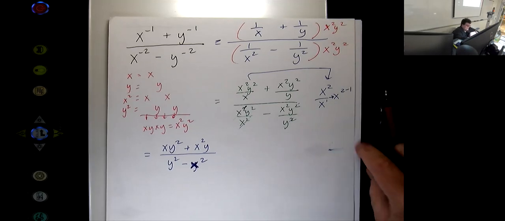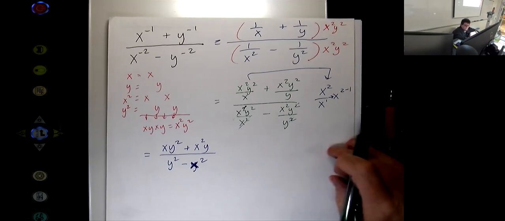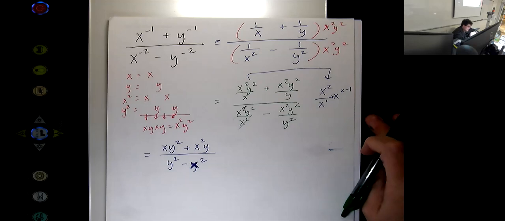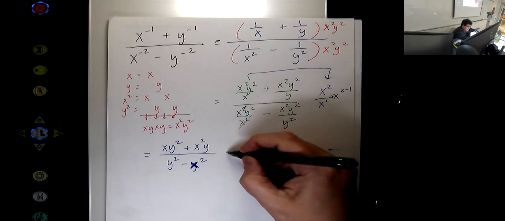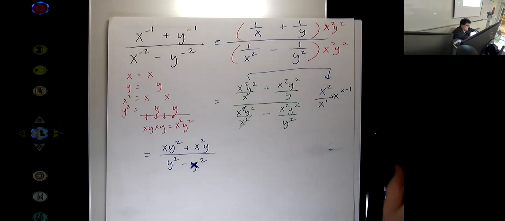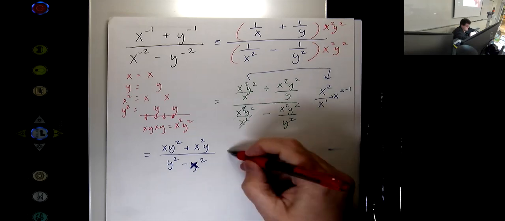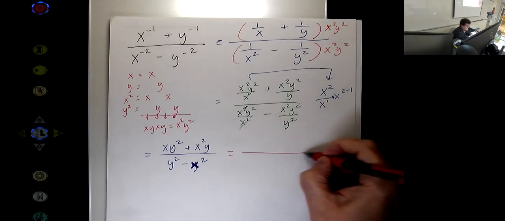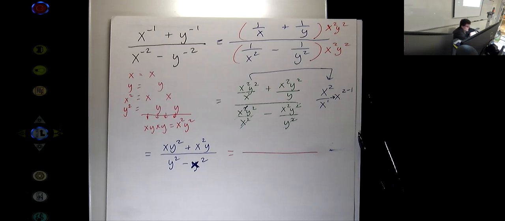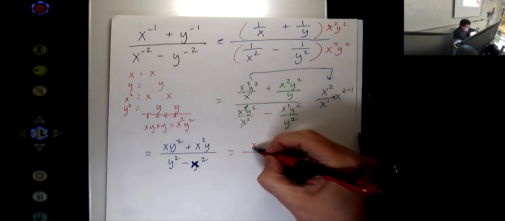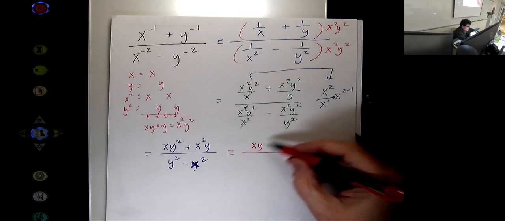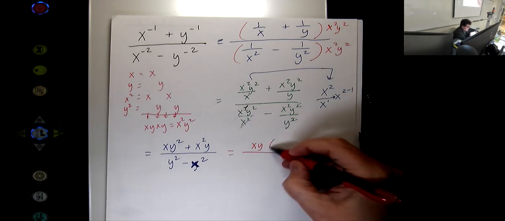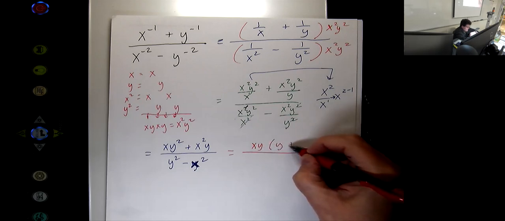Now we got to see if anything cancels, so we got to factor some more. What factors out of the top? An xy, right? If I take out an xy, I should be left with a y plus an x.